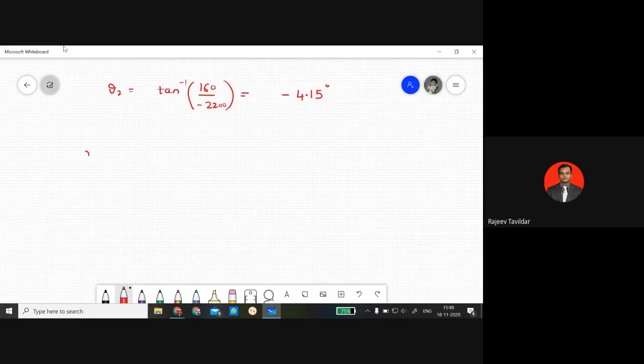Similarly, let us go for R3. It is omega 2 into (alpha 4 plus j omega 4 square) minus omega 4 into (alpha 2 plus j omega 2 square).